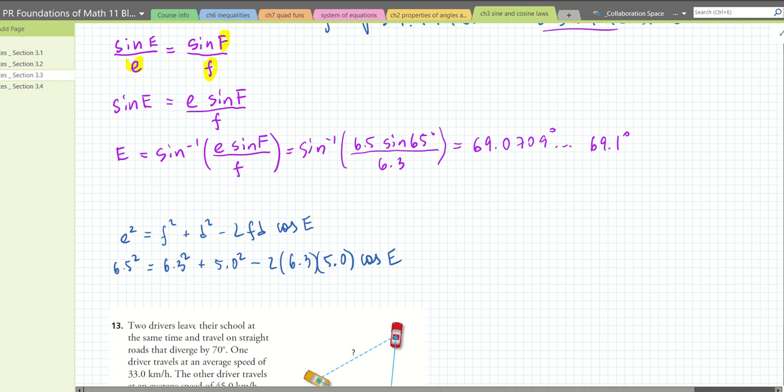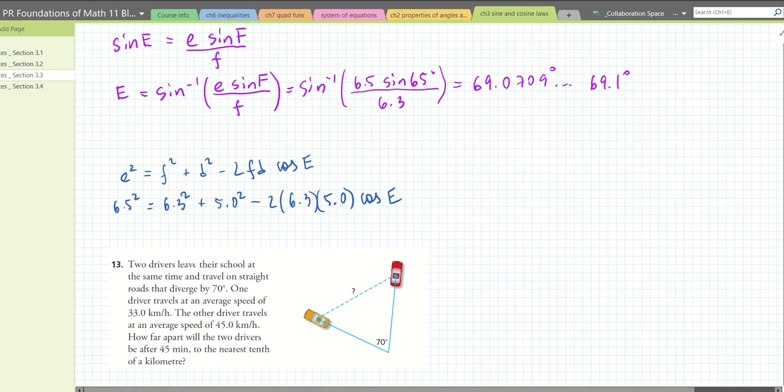So again, here I'm just taking the equation as is, plugging in numbers right away, and then doing all this math first, and then actually getting the value for E.